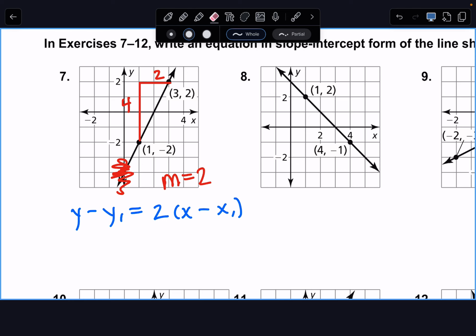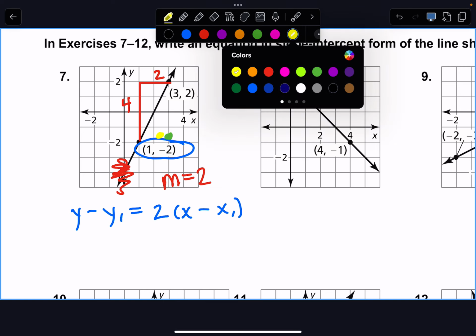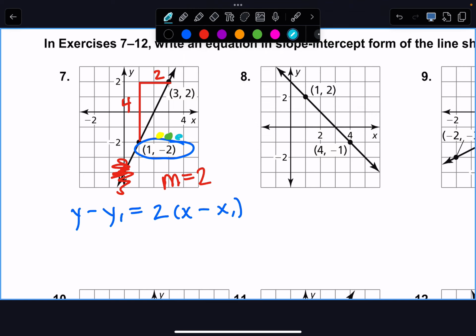So this is what I want you to do. If you are on the yellow, green, or teal table, I want you to choose this one. So yellow, green, and teal table, you're picking that one.